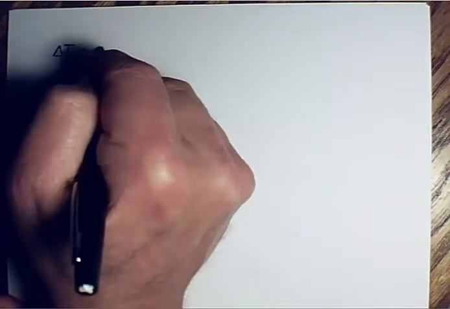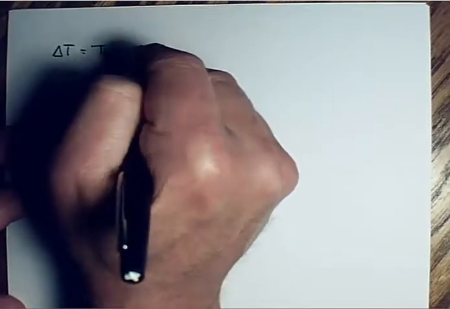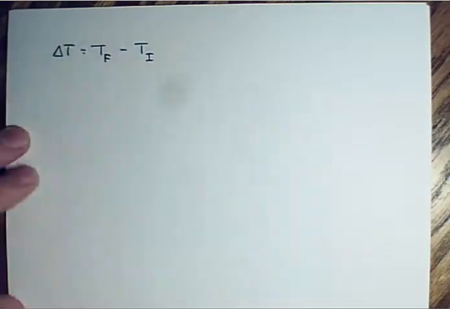So if we're going to look at the change in temperature of something, it's the final temperature minus the initial temperature. That's the way we define change in almost everything we do in science. And since we're talking about temperature here, this is going to be final minus initial temperature.